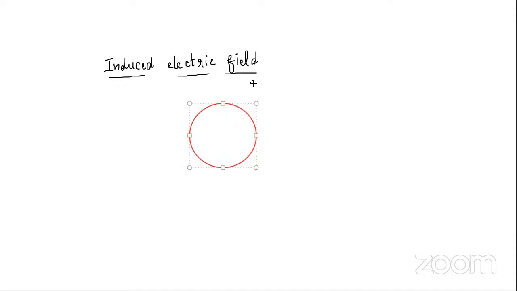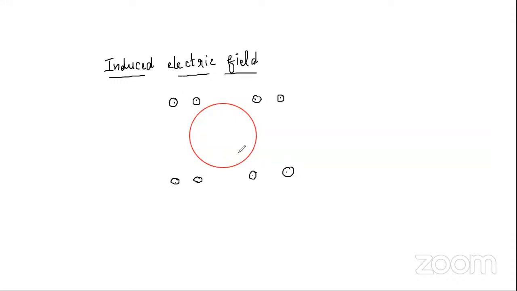This conducting loop is placed perpendicular to a uniform magnetic field B. Here the uniform magnetic field is represented by these dots.